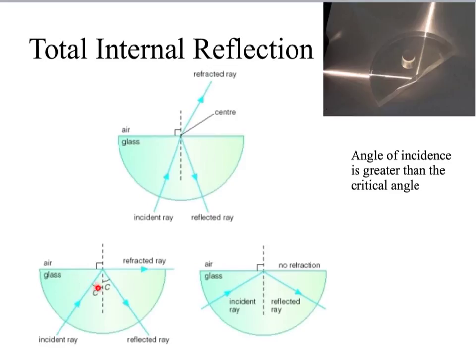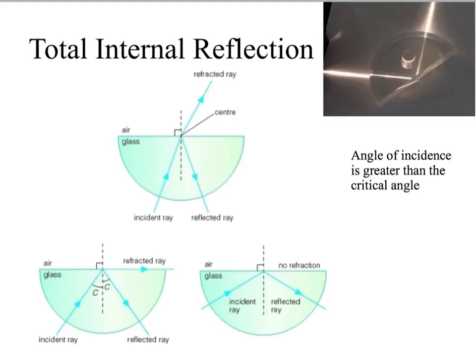So this angle here, C, would need to be about 42 degrees to get this effect here, where none of the light is leaving the block from the side. If you keep increasing the angle between this incident ray and the normal line, so that this angle now becomes bigger than the critical angle, what happens is none of the light is refracted either out the side of the block or along the edge of the block.